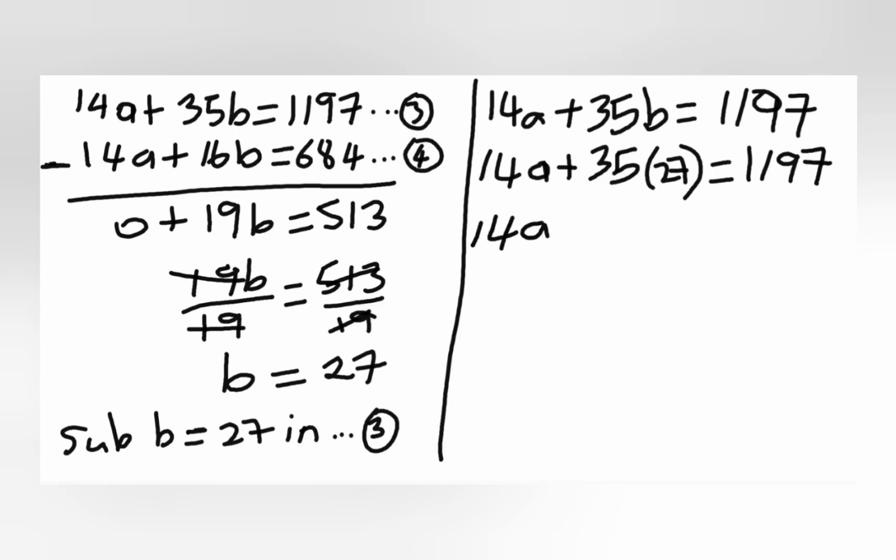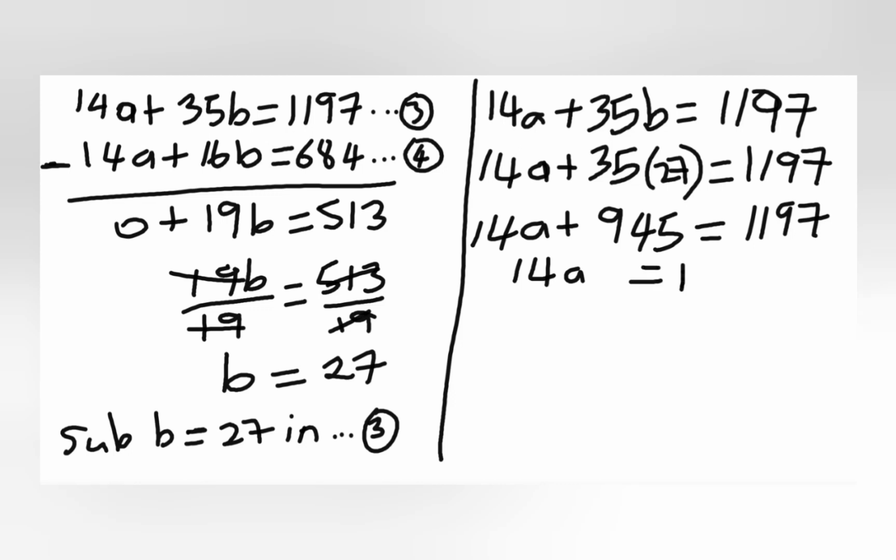And then we're going to continue. So it's going to be 14a plus 945 is equal to 1197. Next step, we're going to have 14a is equal to 1197 minus 945. So let us simplify. We're going to have 14a is equal to 252.